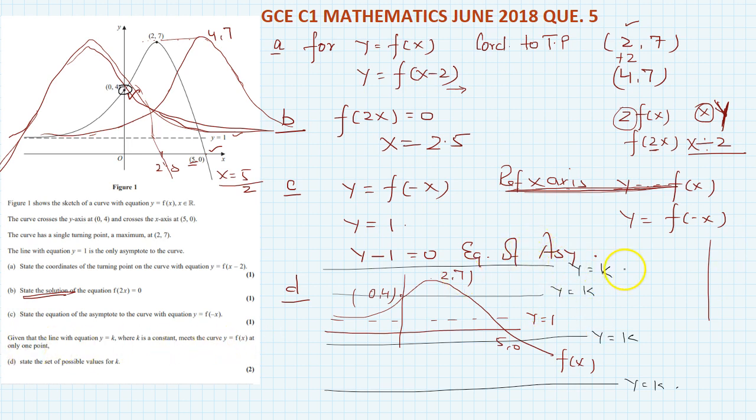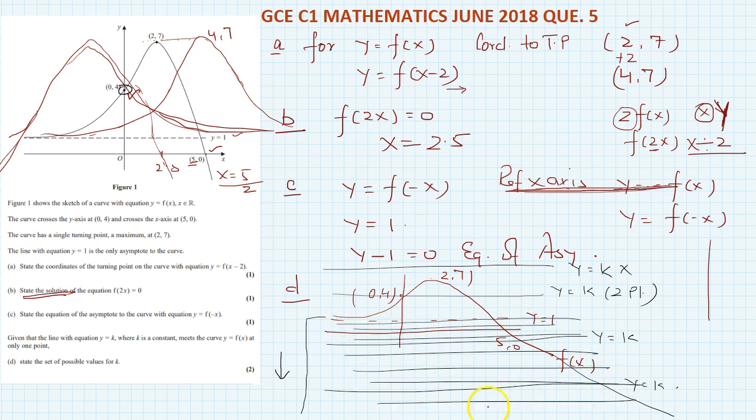Now this y is equal to k is not meeting this curve. This is meeting at two places. This is meeting at one place, and the curve is like this, also one place. So any line from here, whatever line you draw, it is meeting the curve at one place.